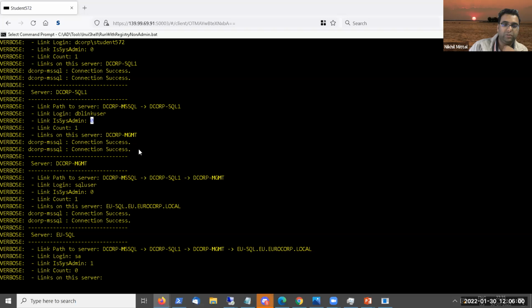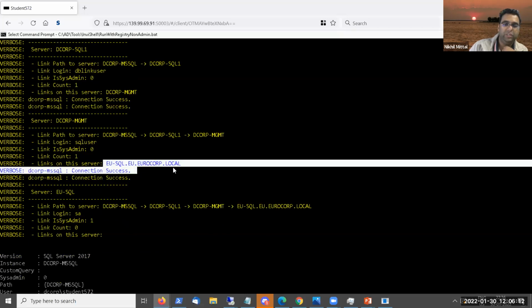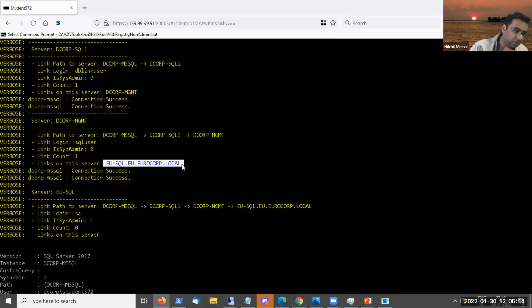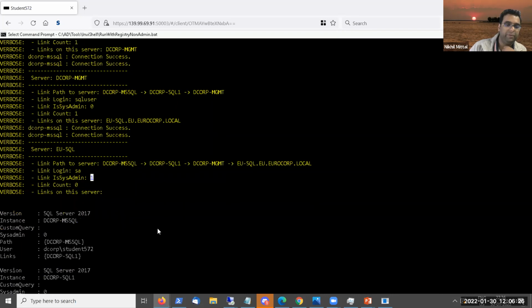Now, dcorp-sql1 is connected to dcorp-mgmt. On dcorp-mgmt, the link login is sqluser. We still do not have sysadmin privileges. Now dcorp-mgmt connects to eusql.eu.eurocorp.local, which makes the chain 4 nodes. And finally, here the link login is SA and we have sysadmin privileges.